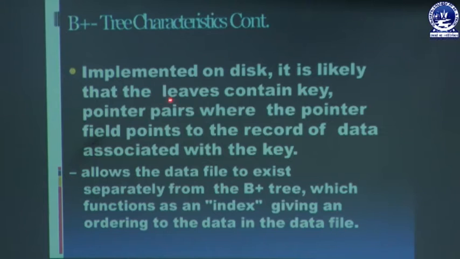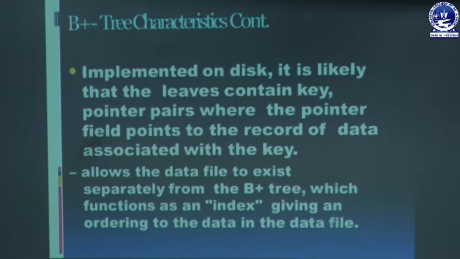It is likely that the leaves contain key pointer pairs where the pointer field points to the record of data associated with the key, and it also allows the data file to exist separately from the B plus tree, which functions as an index giving an ordering to the data in the data file.